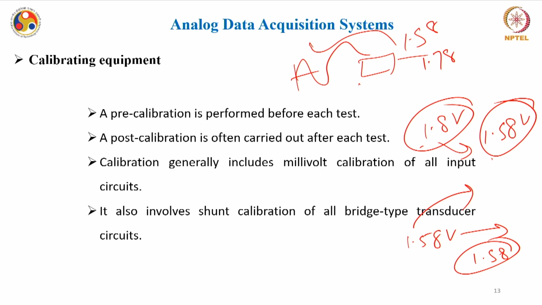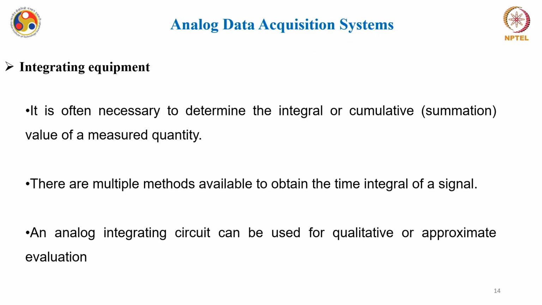Analog data acquisition system also has integrating equipment, because it is sometimes necessary to determine the integral or summation value of the measured quantity. There are multiple methods available to obtain the time integral of a signal, and an analog integrating circuit can be used for qualitative or approximate evaluation of the summation.